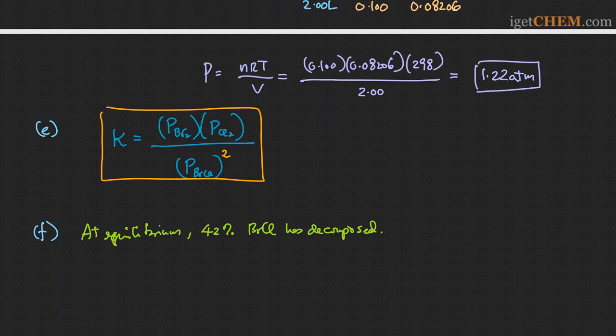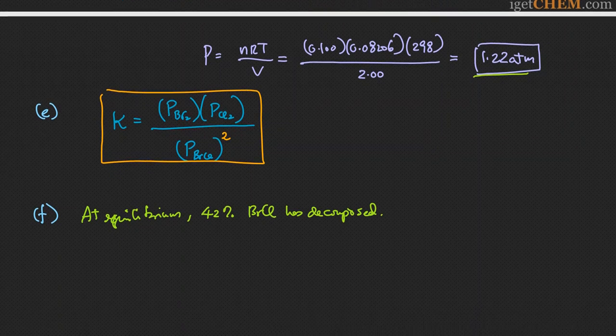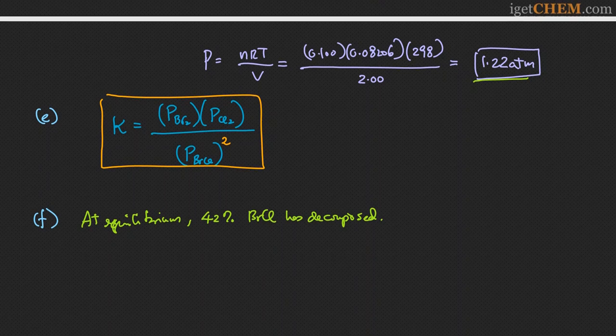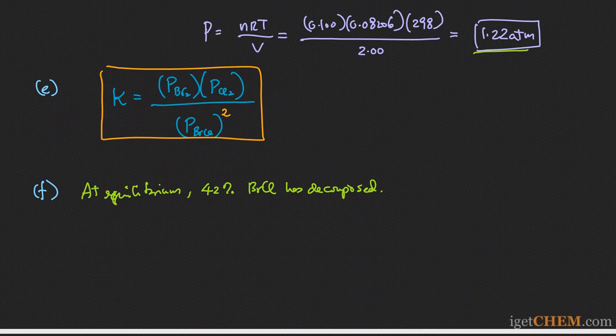So we notice that from part D, the initial partial pressure of BrCl is 1.22. So if 42% of that has decomposed, then the final pressure at equilibrium of BrCl must be the original partial pressure multiplied by what is left.